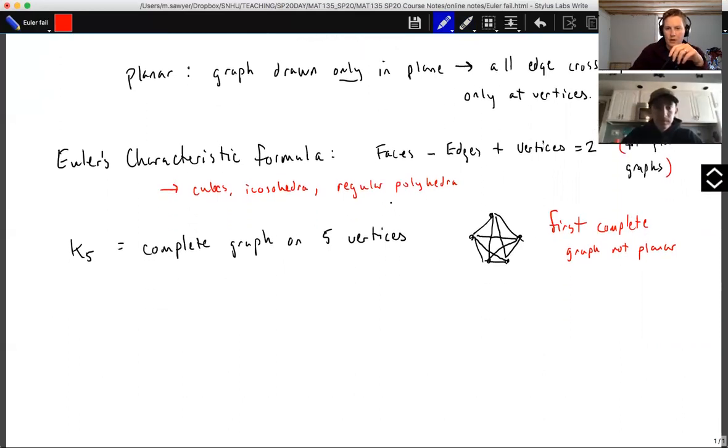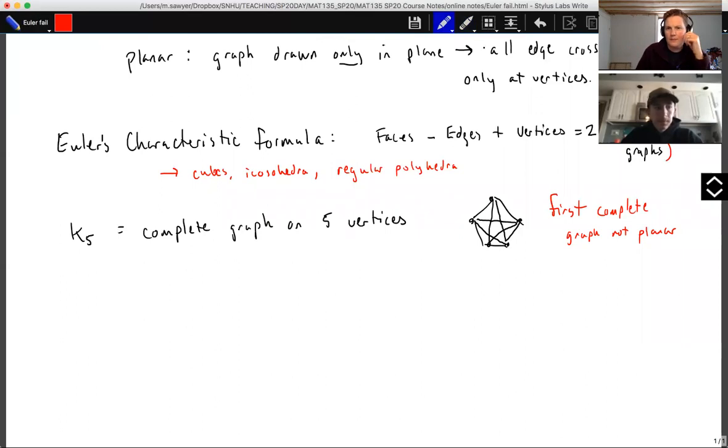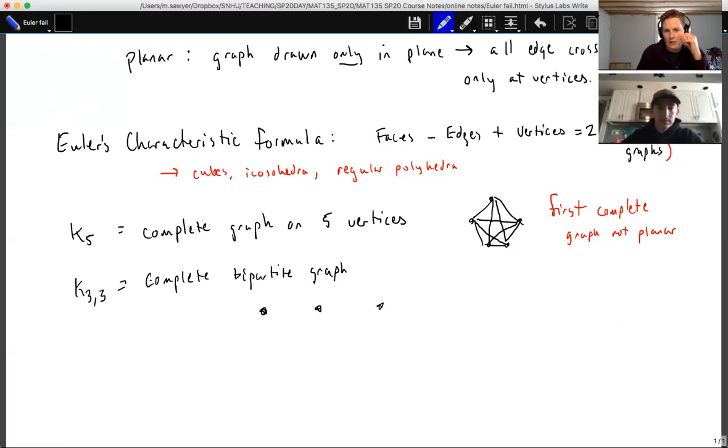We also talked about bipartite graphs. These were graphs that had 2 parts. And we talked very briefly about K3,3, which is a complete bipartite graph. There are 2 parts, each with 3 vertices, and we connected them across.